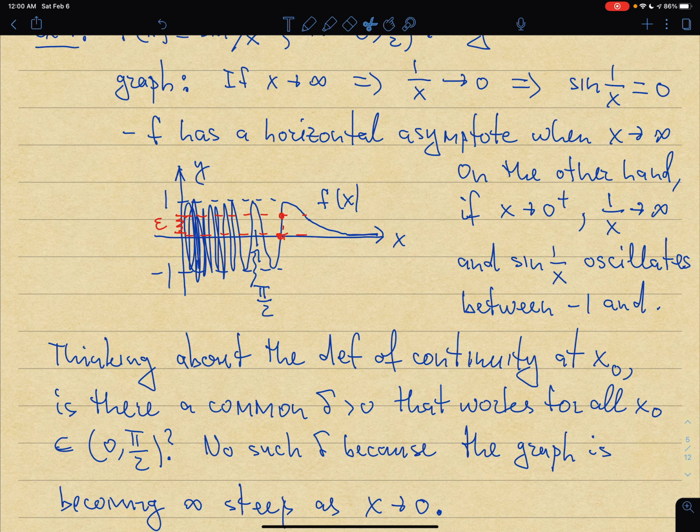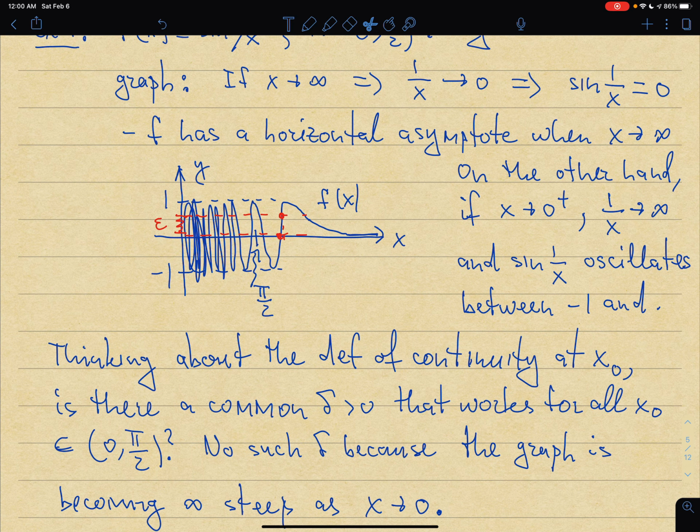So I'm going to try to do the same thing. What I need to do is find a convergent sequence on the x-axis which converges to 0, such that along the sequence, sine of 1 over x is not going to give you a convergent or a Cauchy sequence.